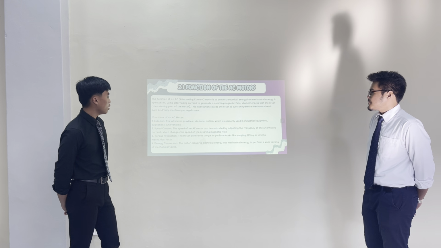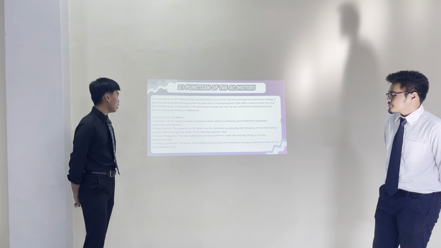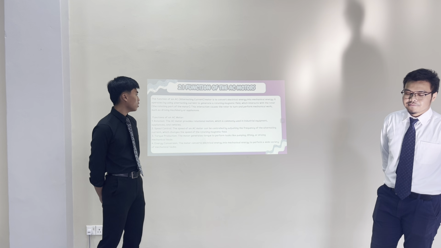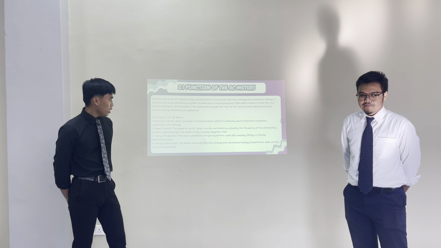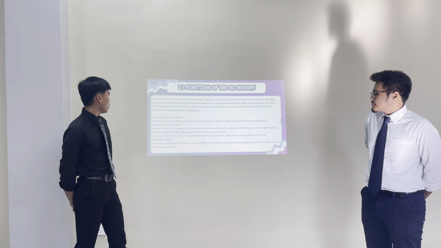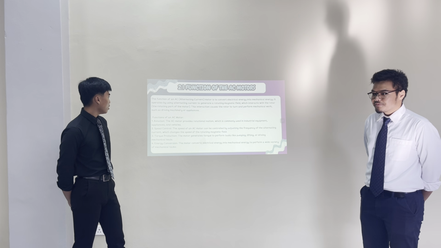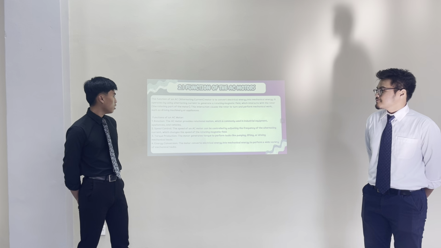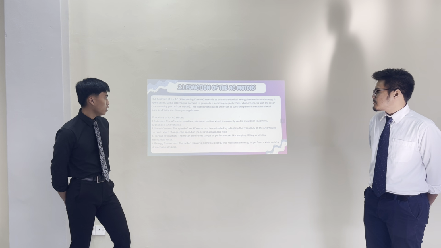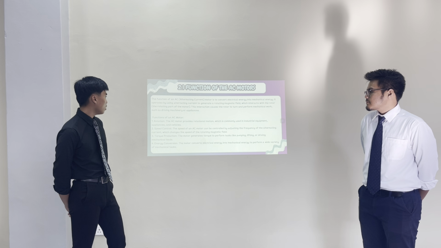Function of the AC motor. The function of an AC alternating current motor is to convert electrical energy to mechanical energy. It operates by using alternating current to generate a rotating magnetic field which interacts with the rotor, the rotating part of the motor.